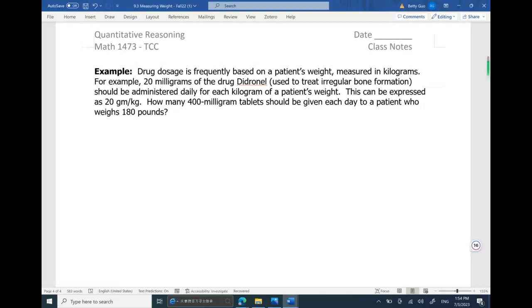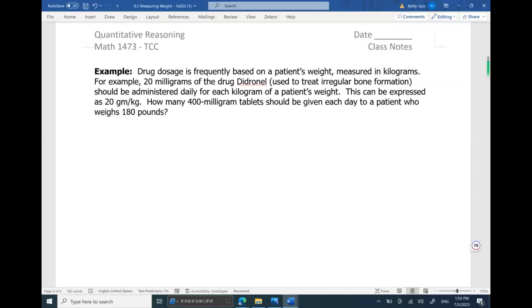For example, 20 milligrams of the drug Diadrenal, used to treat irregular bone formation, should be administered daily for each kilogram of a patient's weight. That's the given dosage.